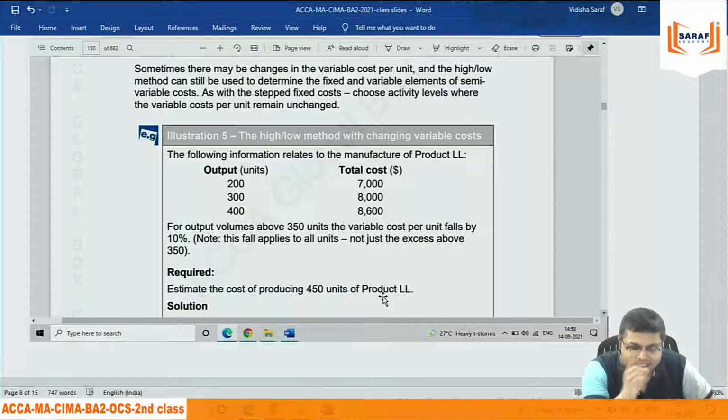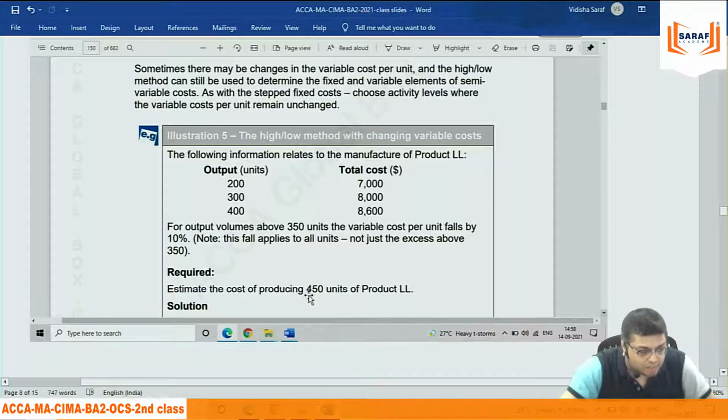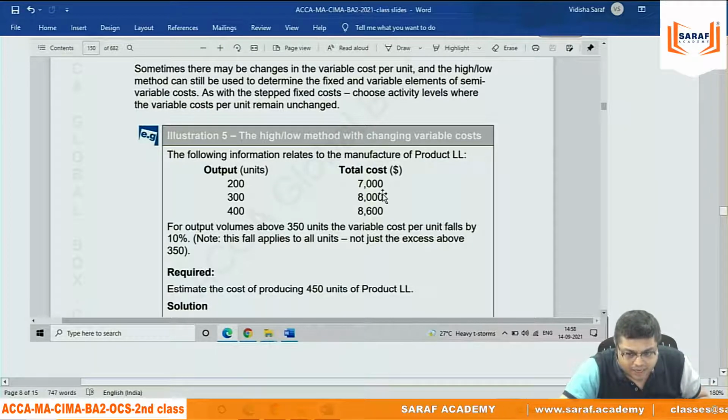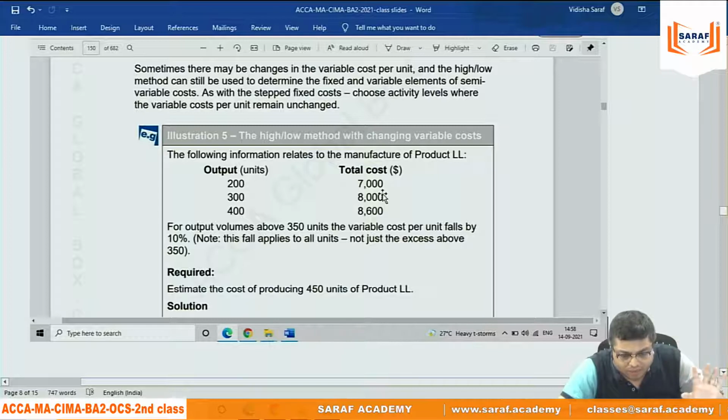Because in 7,000 the fixed cost is the same, in 8,000 the fixed cost is the same, and fixed cost is the same also in 8,600, because the question is not saying there is a change in the fixed cost. Everywhere fixed cost is the same. But in 7,000 and 8,000 the variable cost per unit is the same, while in 8,600 the variable cost per unit is 10% less.